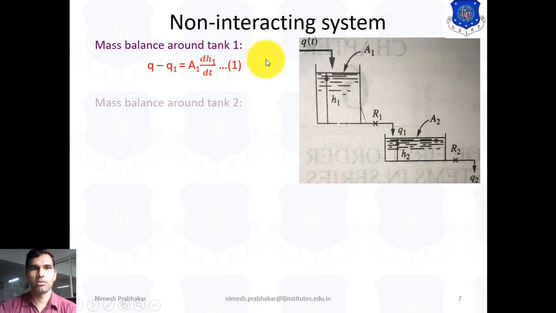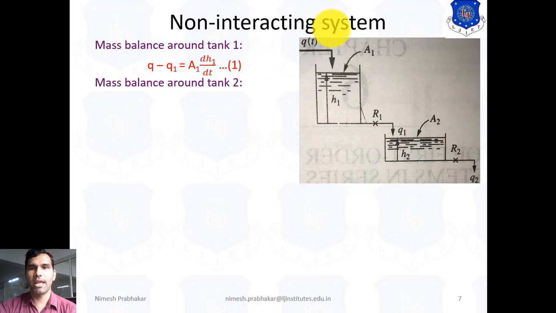Now the mass balance around tank 2. We can write it as Q1 is the inlet, Q2 is the outlet, and the rate of accumulation is nothing but A2 dH2 by dt. So this is the mass balance around tank 2.